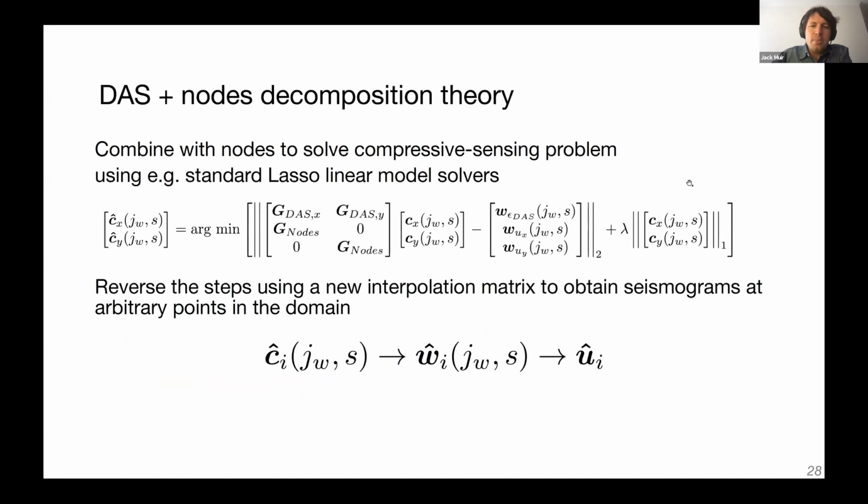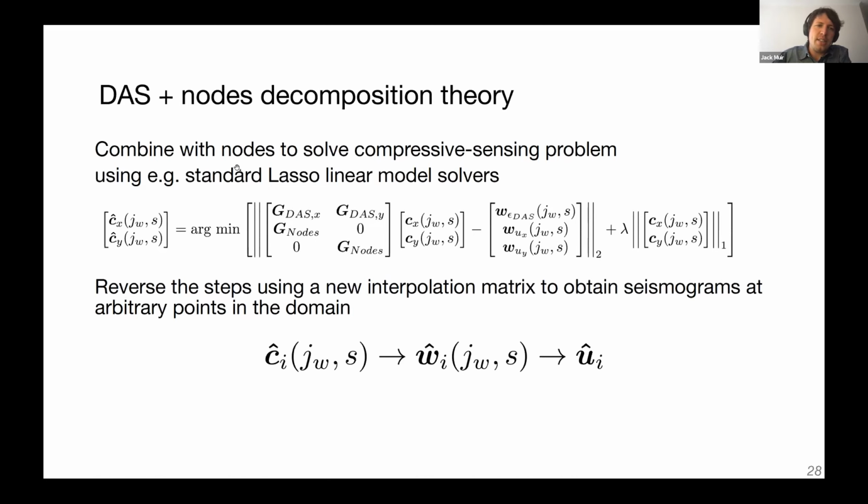And then it becomes very simple to incorporate point sensors here, because we have a linear system for DAS, and we also have a linear system for the X and Y components of the nodes, which will be the point sensors. So if we want to, we can form just a big linear system like this in order to incorporate all of the data sources together.